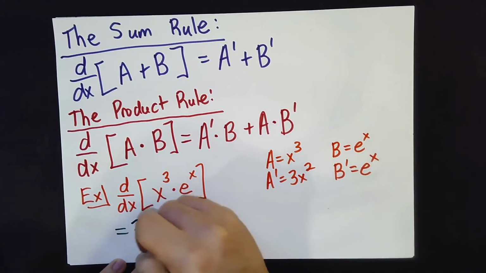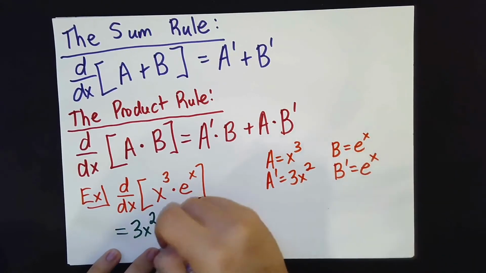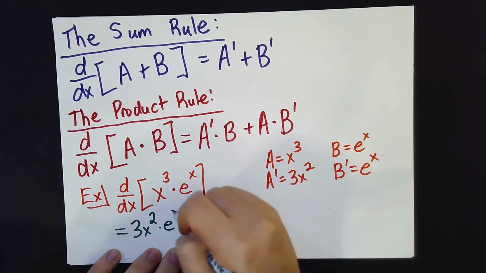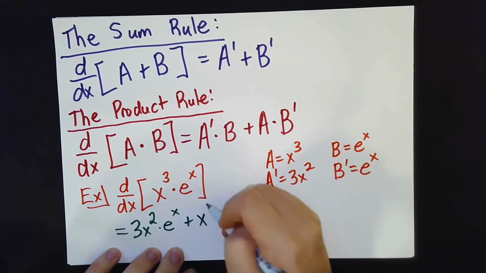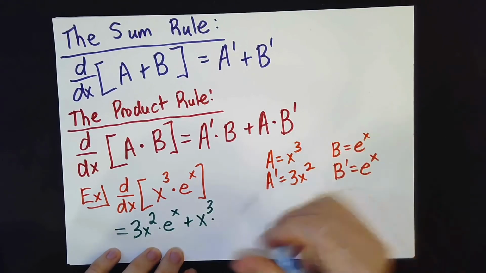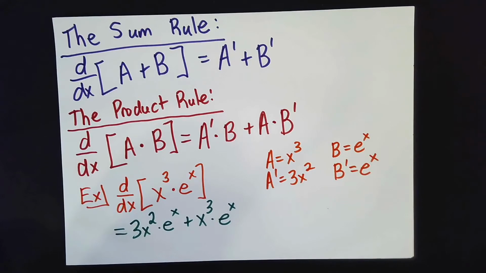A prime, which is 3x squared, times B, which is e to the x, plus A, which is x cubed, times B prime, which is also e to the x. And that's it. That's the derivative of x cubed times e to the x.